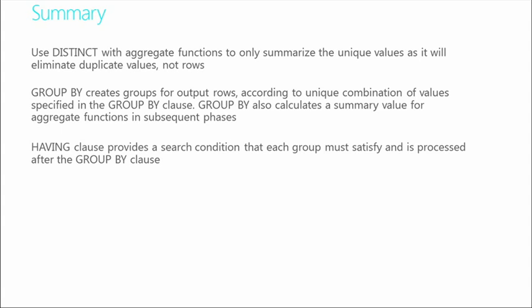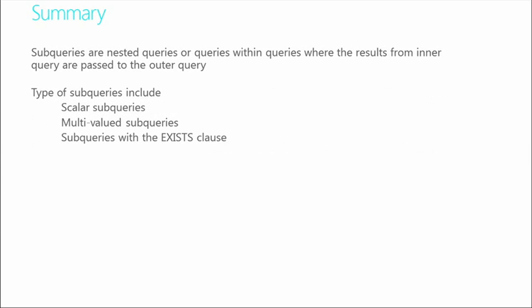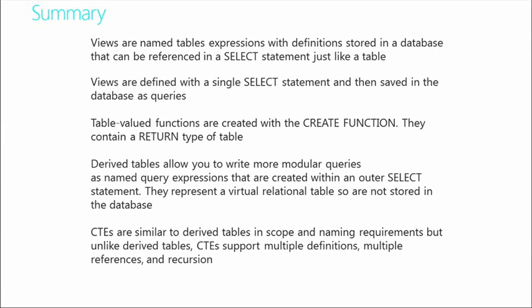We got some really good information in the demos on the scalar subqueries and the multi-valued subqueries. Then Tobias rocked with the table valued functions, the CTEs, and the derived tables. We also got to peek at how to create one of those table valued functions, and how we use the return type of a table, which is unique compared to what we normally use.